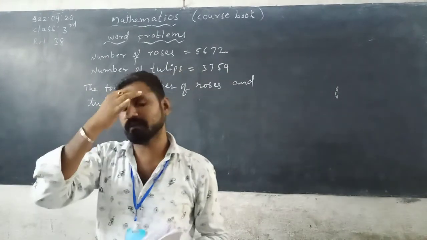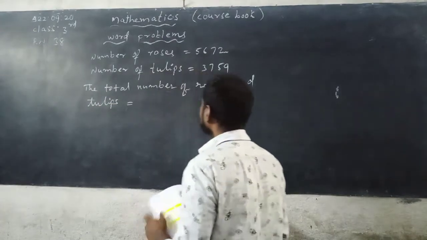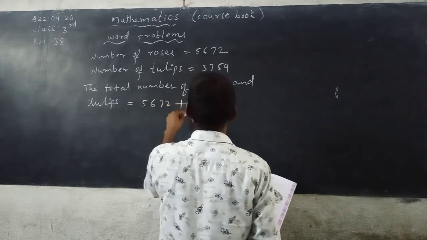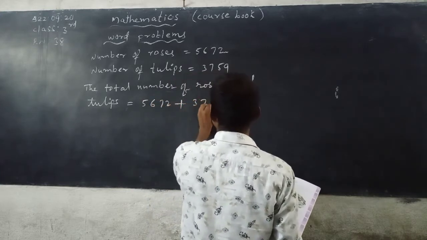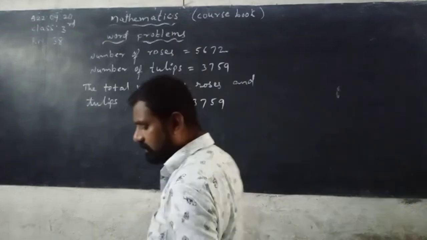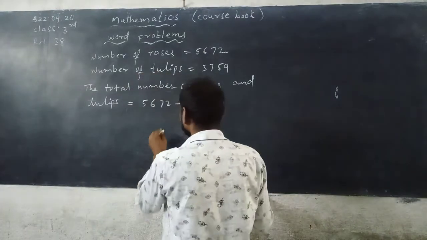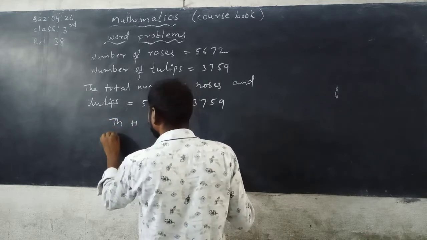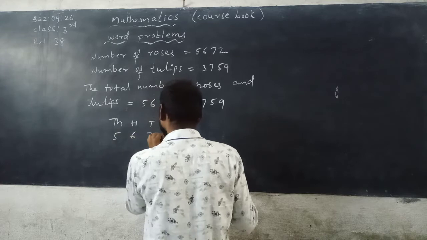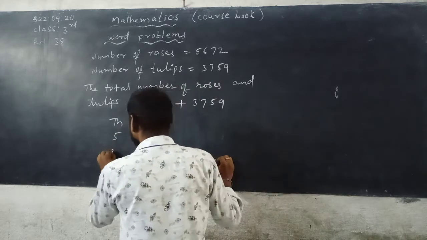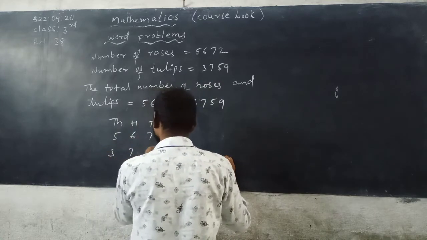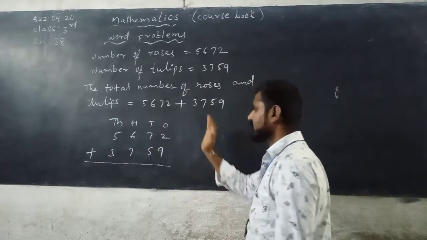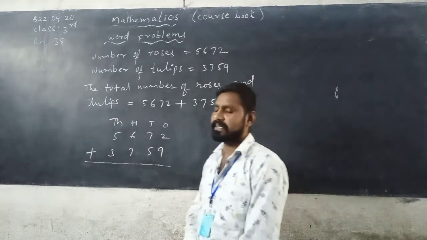You can write in your CW. So this is a 4-digit number. It has 4 places. That is ones, tens, hundreds, thousand. 5,672, 3,759. So the given numbers are arranged column-wise according to their place values.